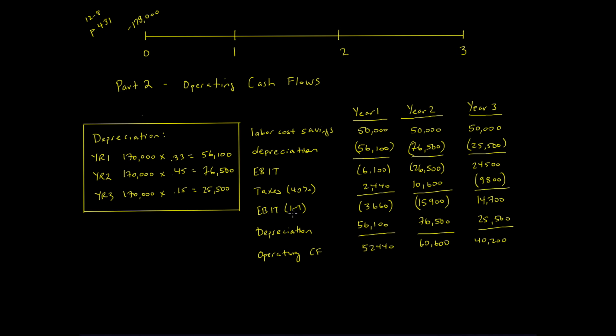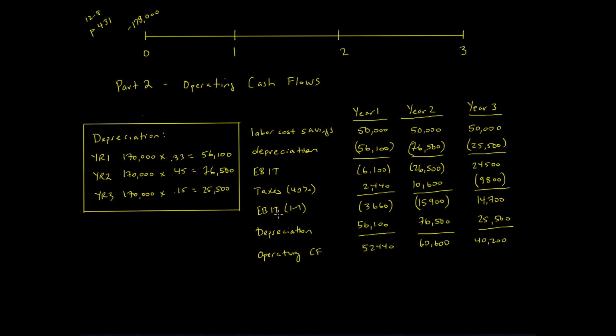The next line, EBIT multiplied by 1 minus the tax rate, is just these two netted together. Minus 6,100, positive 2,440 is negative 3,660. Negative 26,500, positive 10,600 is minus 15,900. In year 3, positive 24,500 nets against minus 9,800 to get me positive 14,700.